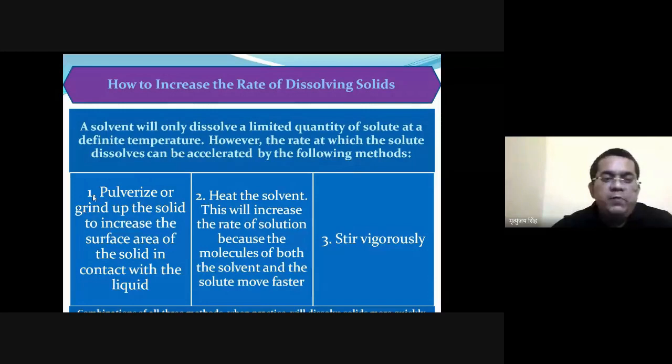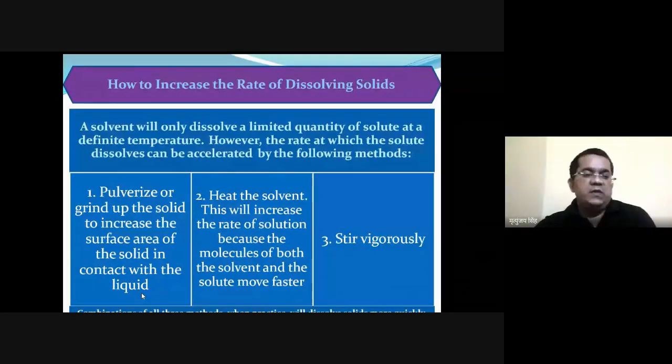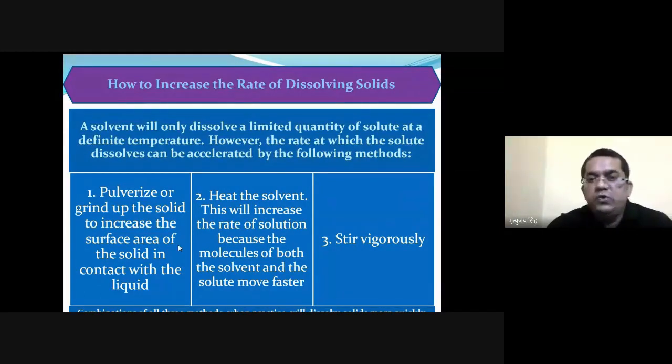First one is to pulverize or grind up the solid to increase the surface area of the solid in contact with the liquid. It means you just crush your substances and make them small, minute particles and increase the surface area which interacts with your solvent, and the rate of dissolution of the solid is increased.